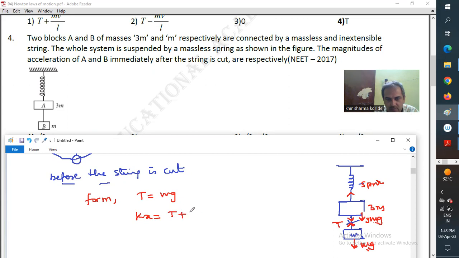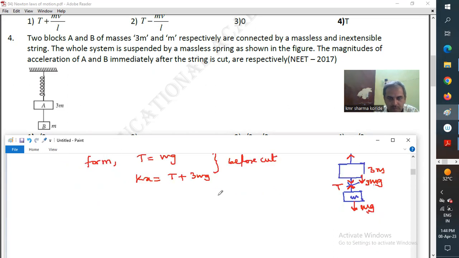They both are equal to tension. This is all before cut. 3mg. Now, if you substitute, kx is equal to T plus 3mg, T is mg. So mg plus 3mg, they both are equal to 4mg. Next. So this is before cut, now after cut.